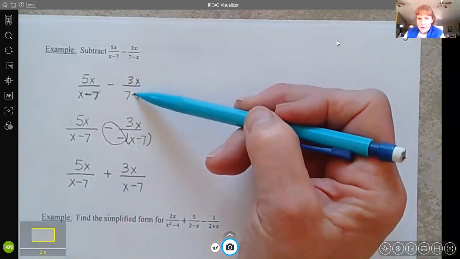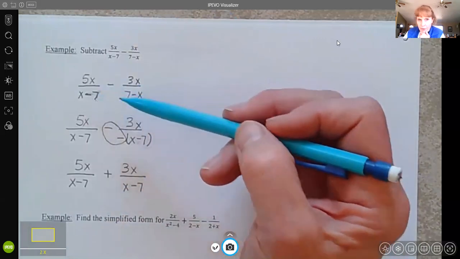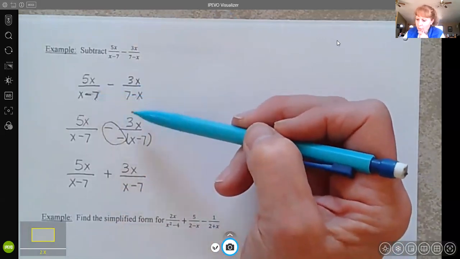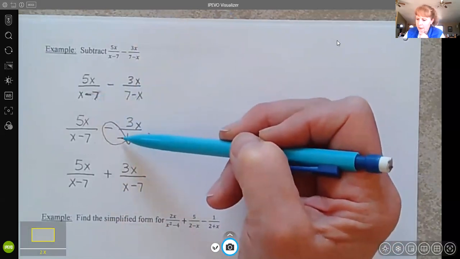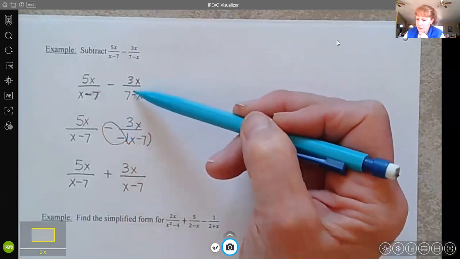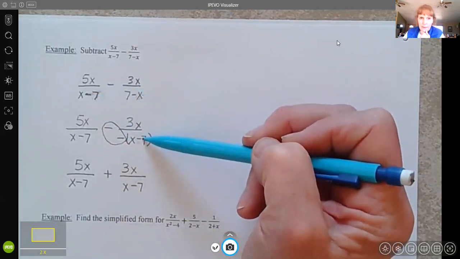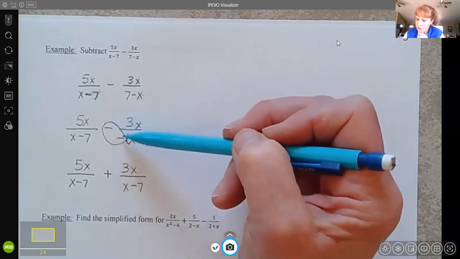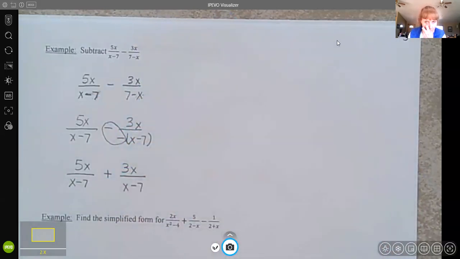So if you ever have to switch this here so that it matches this one, it's going to require bringing out a negative, because if you were to multiply this, you're going to come back to this one. So this and this are the same thing. So then you have these two negatives here, which is a positive. So now we have a least common denominator.